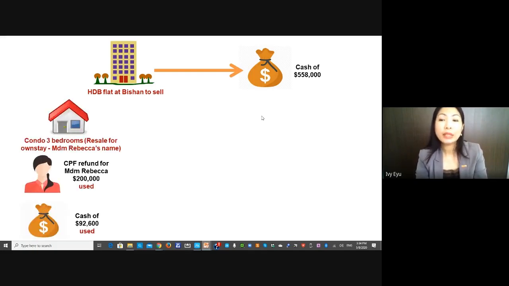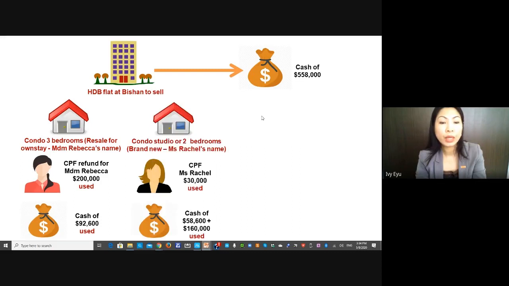Then they can fulfill in this way to select a condo resale at this price, 1.2 million. So the CPF being used up will be this amount and the cash used up will be 92,000 to be taken from the 558,000. Then for Rachel, she will use up all her CPF to pay for her first property and the cash of 58,600 plus the down payment 160K also from part of the 558.